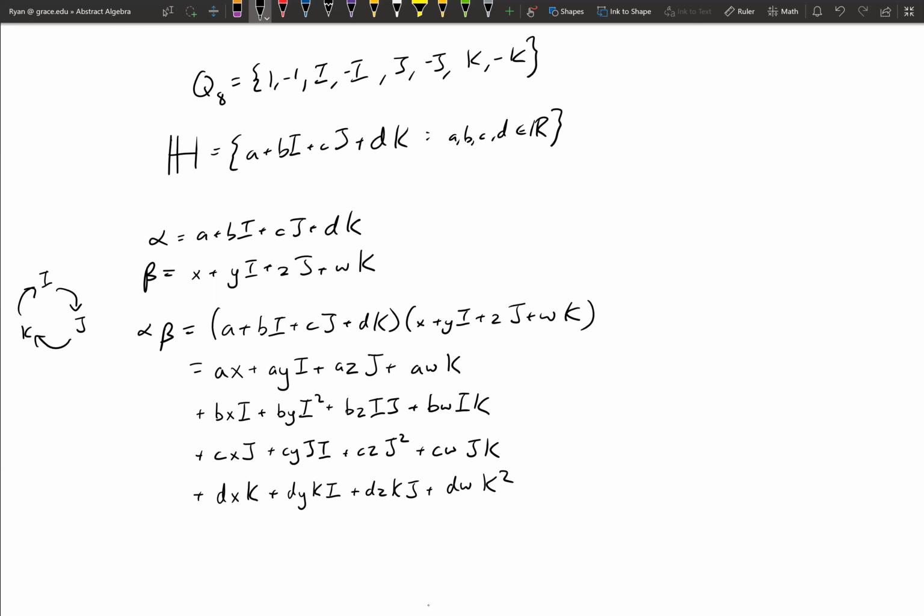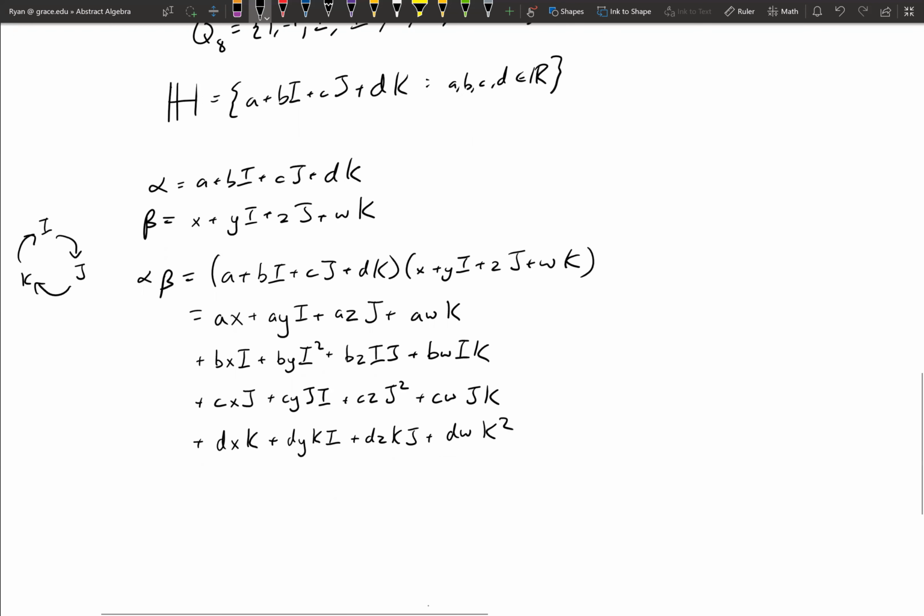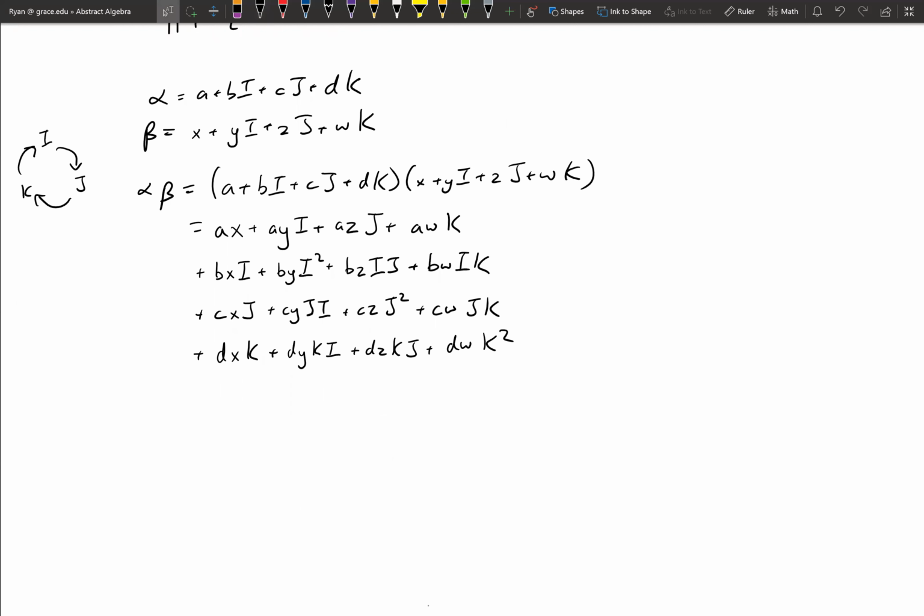Oofta. Then we have to simplify everything. This is why Sage is so beautiful, because you can do computations with quaternions in Sage and it's no big deal at all. You guys are both writing on paper, so I'm going to do it the hard way up here.